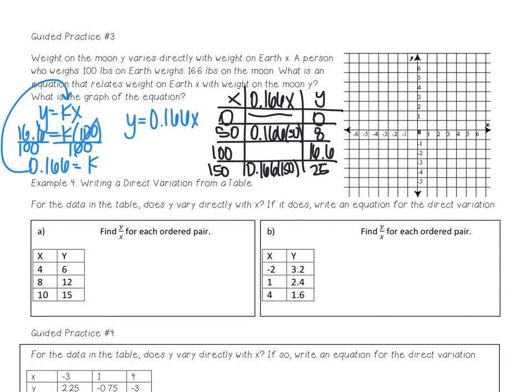When I graph this, I'm going to have to change my graph up a little bit. So we're going to say that we are going to count by 50s on the bottom, 50, 100, 150. And then on the y-axis, we'll count by, let's say 8s. 8, 16, 24.